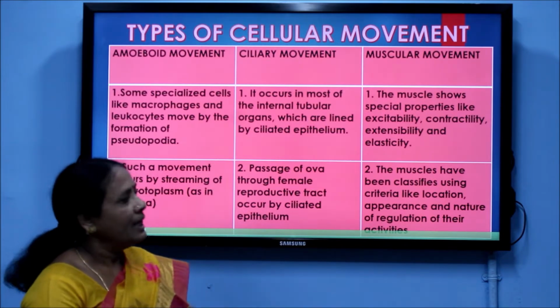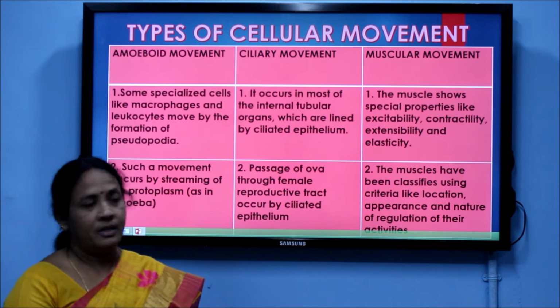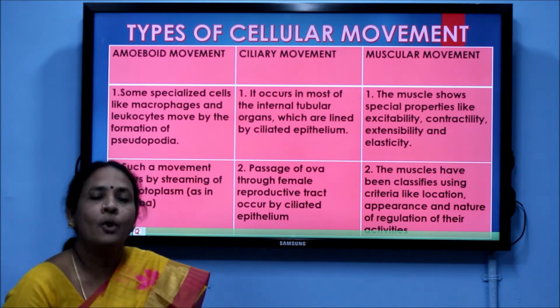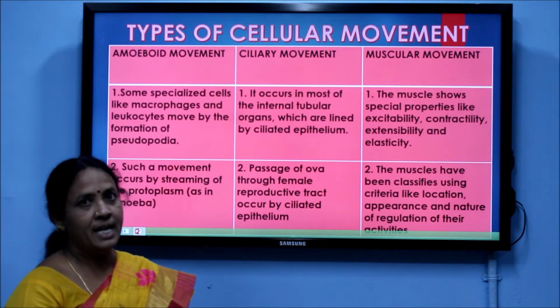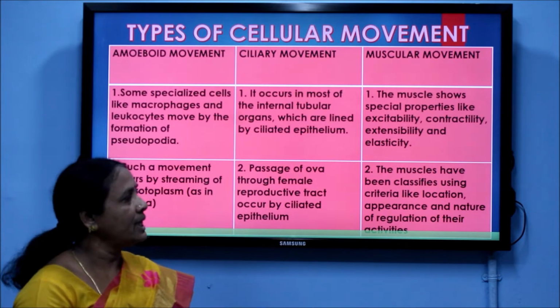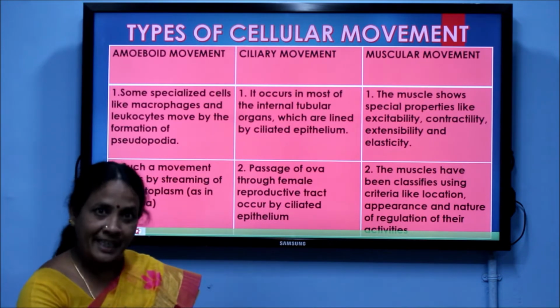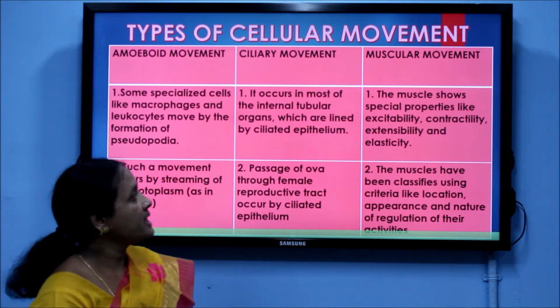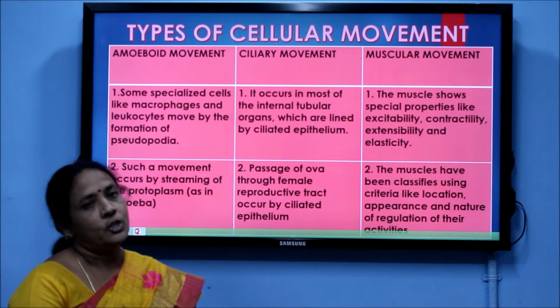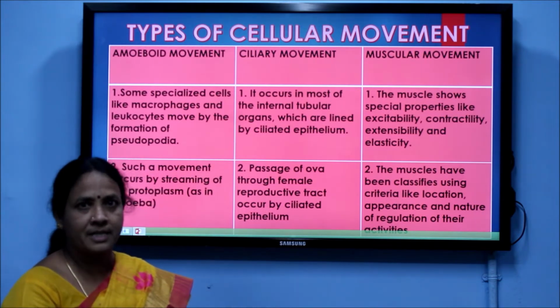Next, muscular movement. Before going to muscular movement, we will see the properties of muscles. One is excitability, next is contractility, that is contraction and relaxation, then extensibility, stretching, and elasticity. These are the properties of muscles.